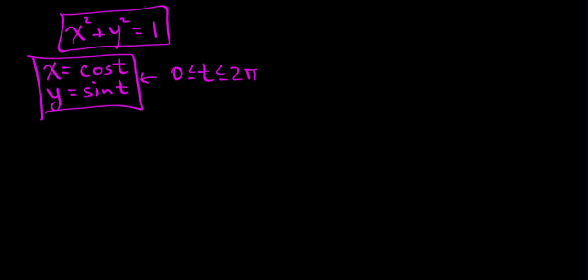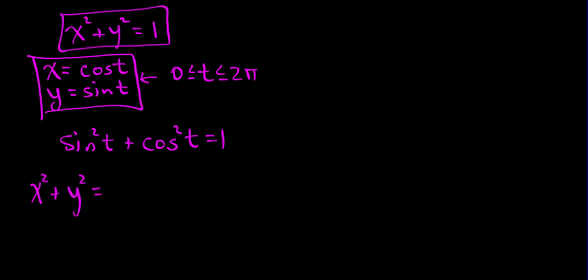Whenever you have sine and cosine together like you do here, and you're thinking in terms of eliminating the parameter, you think about your Pythagorean identity: sine squared t plus cosine squared t equals 1. Because notice the process here of eliminating the parameter. I could just say, I'm going to take x squared plus y squared.